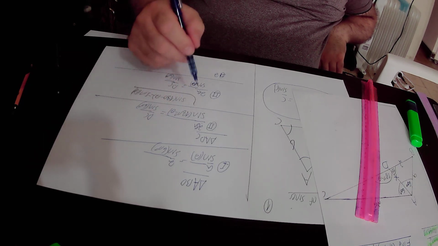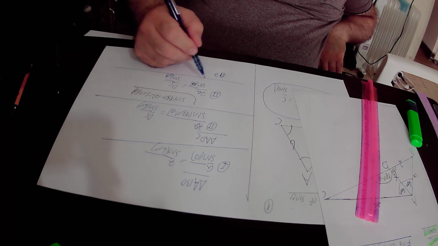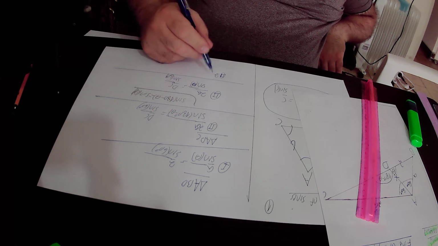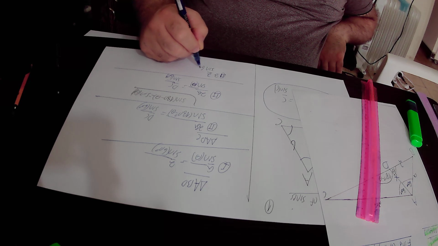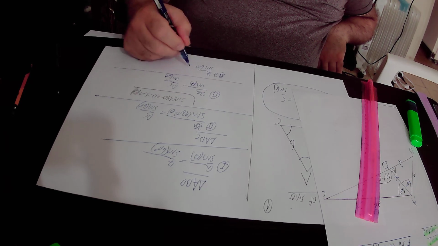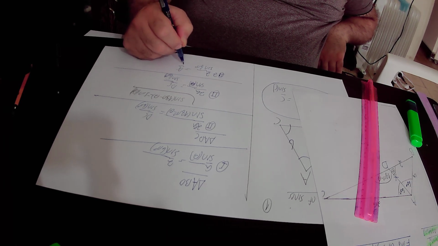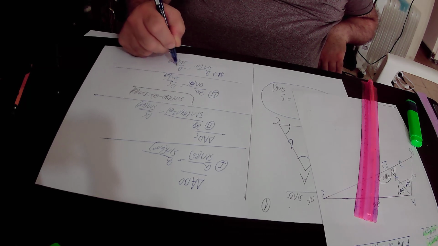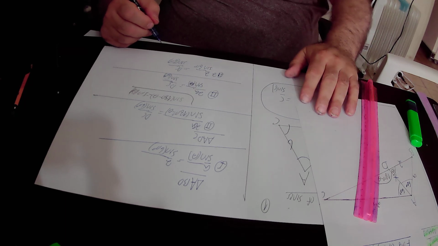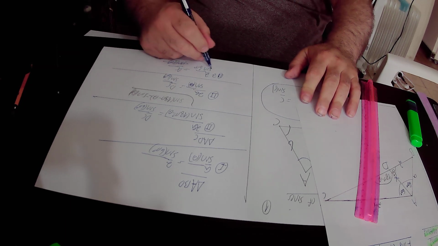So we substitute a over sine theta in equation number 2 by 2 over sine 60 degrees, and it is equal to DC over sine 60 degrees. Here we have sine of 60 degrees on both sides of equation number 2, so sine of 60 degrees will get cancelled.